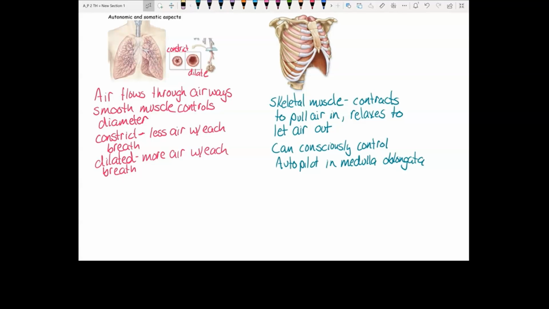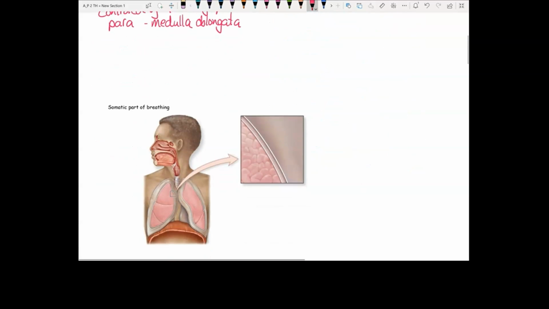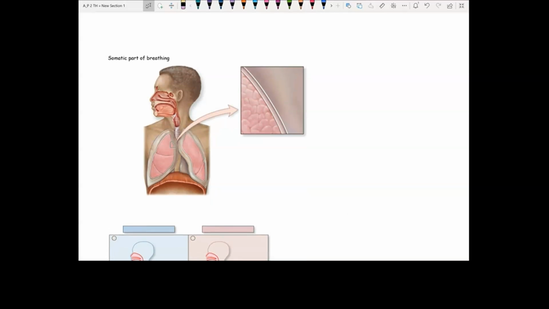So these are controlled by the autonomic nervous system. And that's where we have our two divisions, sympathetic and parasympathetic. And this control comes from the medulla oblongata. Okay, next we'll look at some more detail of how you pull that air in and out.